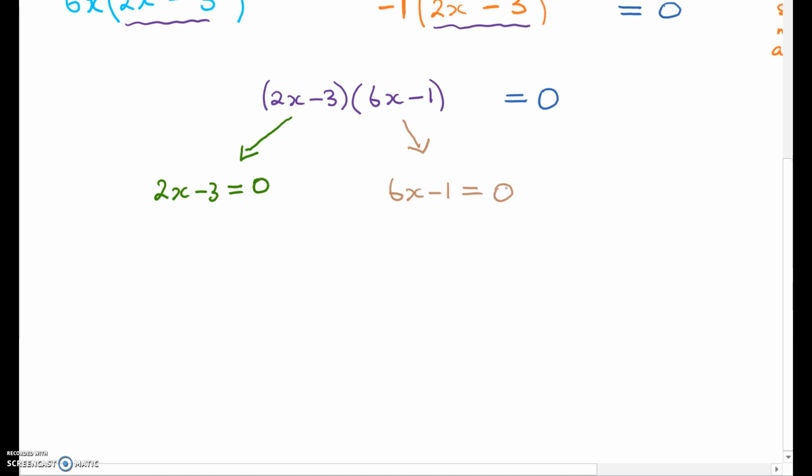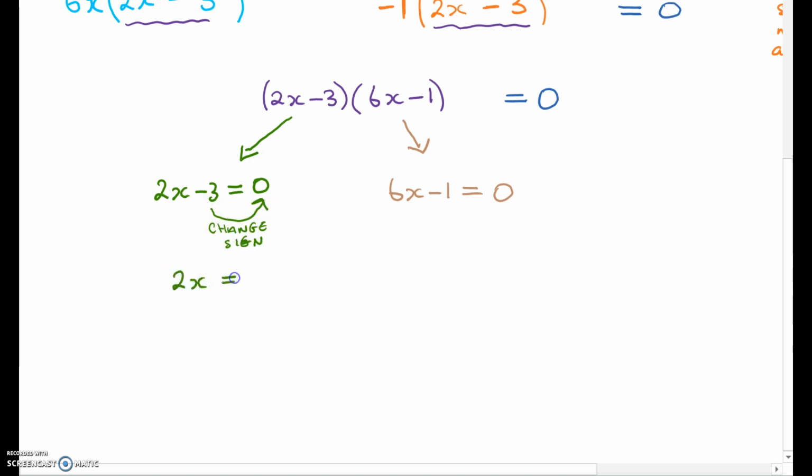And now what we're going to try and do is get x on its own for each of them. So let's deal with the one in green here, 2x minus 3 equals 0. Ask yourself, what's on the wrong side? It's the minus 3, so we move it across, and we change the sign as we move things across the equal sign. Of course, we're really adding 3 to both sides, but this is a shortcut.